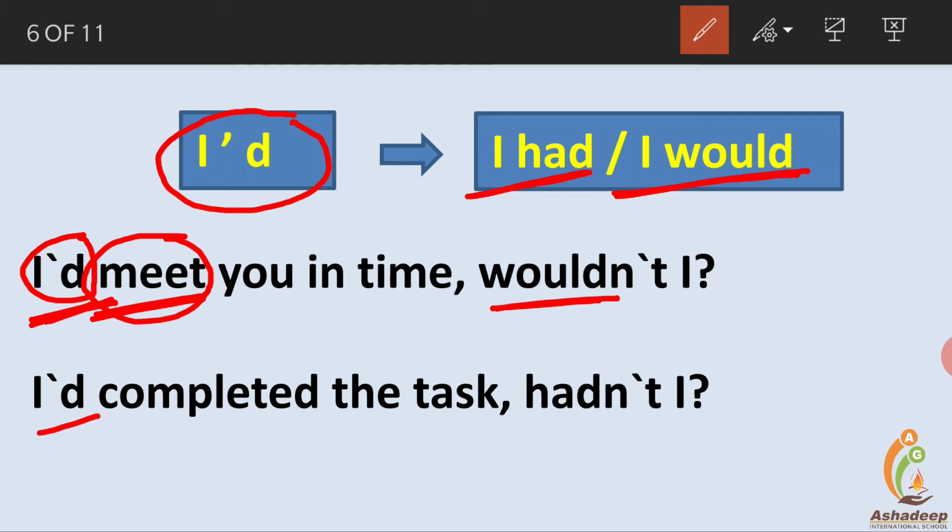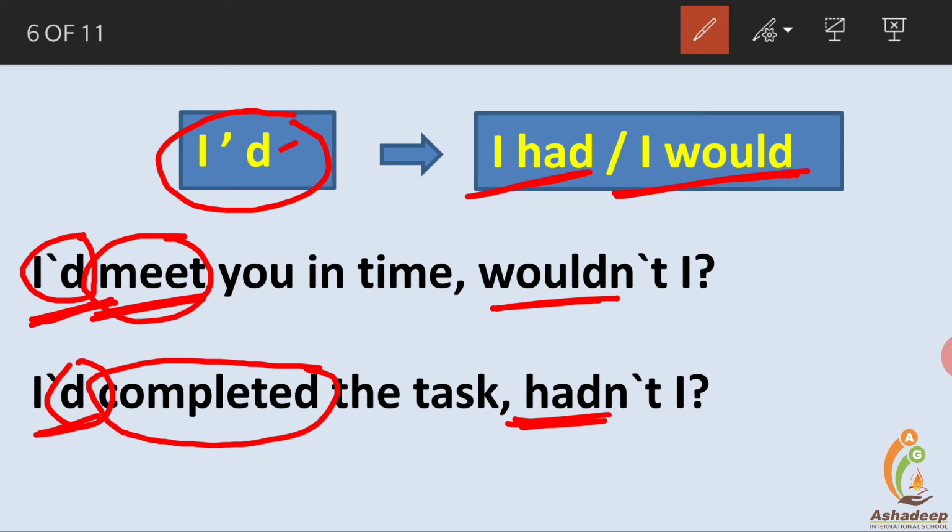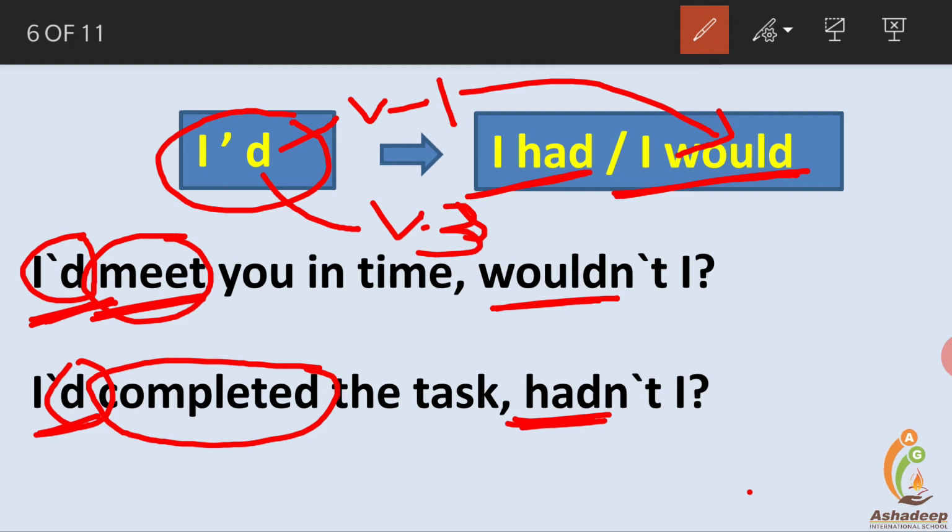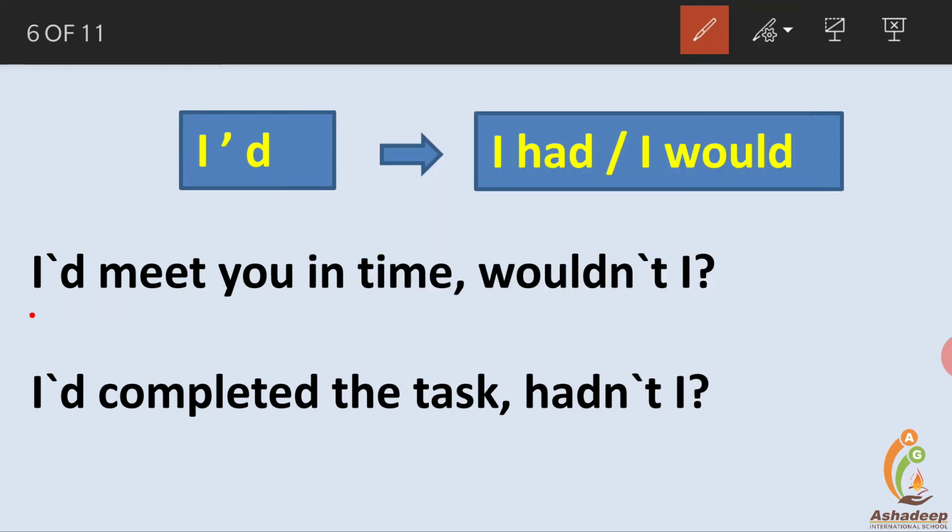But when after 'd it's the past participle form, completed, then we will take 'd as had. Again, if after 'd it is the basic form V1, then would will be taken. After the 'd short form, if it is V3, then had will be taken.